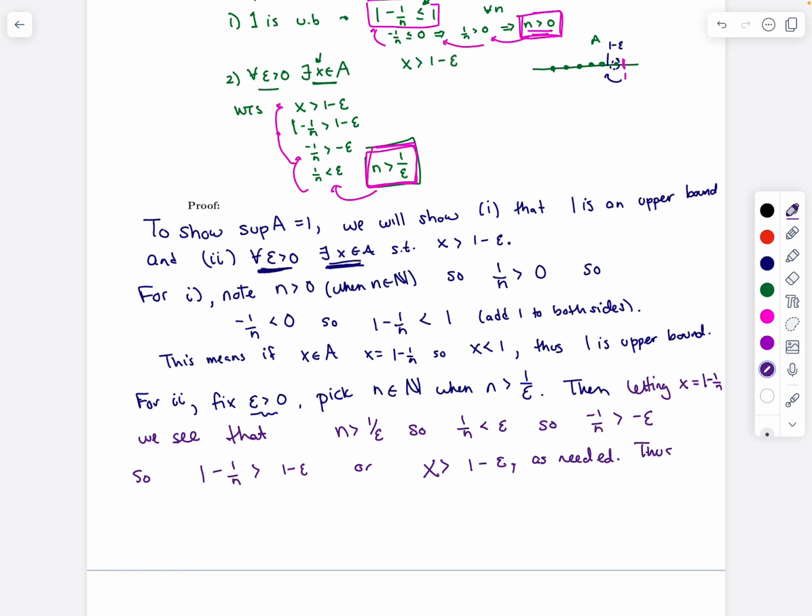Thus, we've shown, and maybe now we'll put in this last piece about least upper bounds, that anything less than 1, any of those 1 minus epsilons, is not an upper bound.